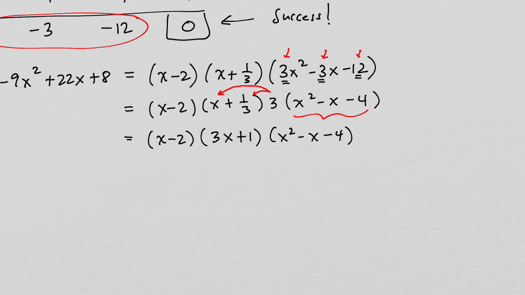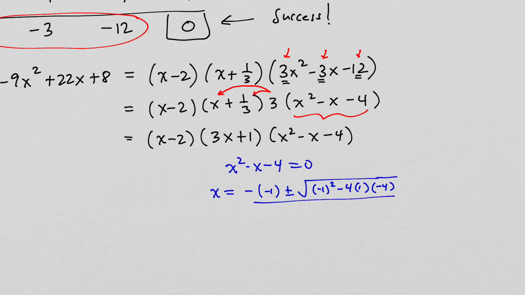So now to get the other zeros, I need to take this quadratic and set it equal to 0. And unfortunately, that does not factor, so I have to use the quadratic formula. And so I'm assuming that we all remember the quadratic formula.